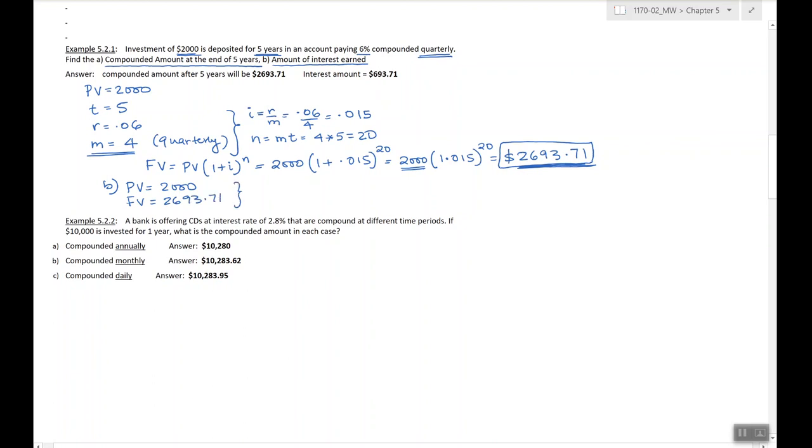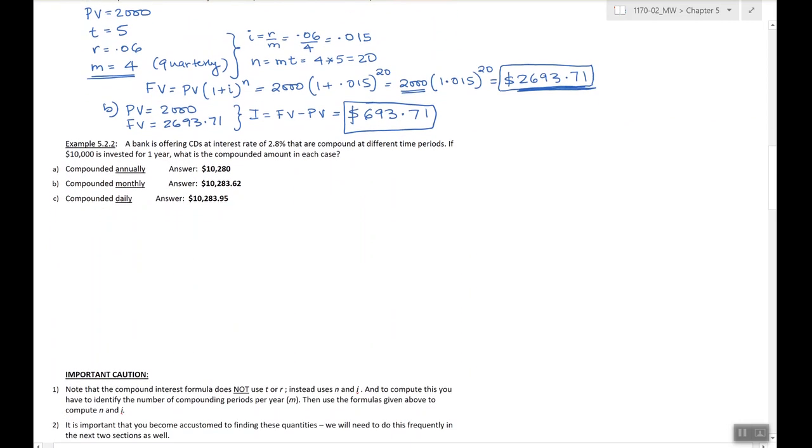So if we subtract these two, we will get the interest earned. So interest is future value minus present value. That's just common sense. And if you do it, you're going to get 693.71. So this is the interest earned in this account.